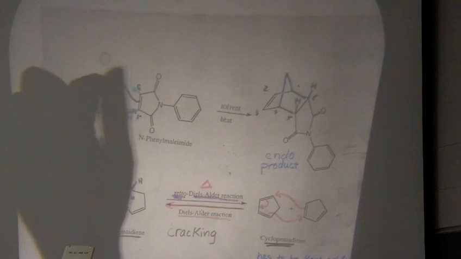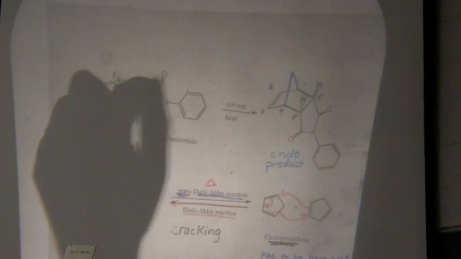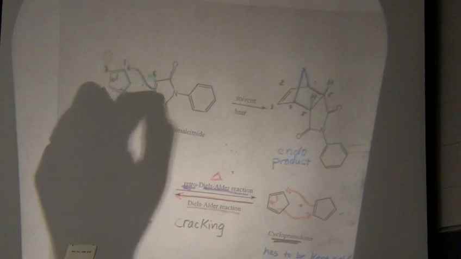So our specific reaction that we are going to do is we are going to take cyclopentadiene. So cyclopentadiene, here's 1, 2, 3, 4. Here's our 4 carbon, okay? And we've got N-phenylmaleimide, okay? So here's the structure of it. Here is the alkene that's being reacted, or the dienophile, all right?